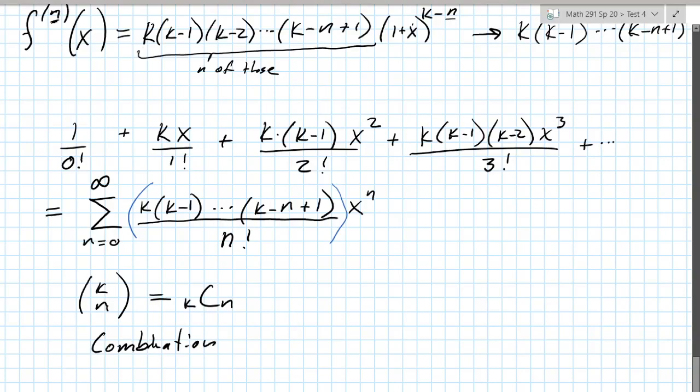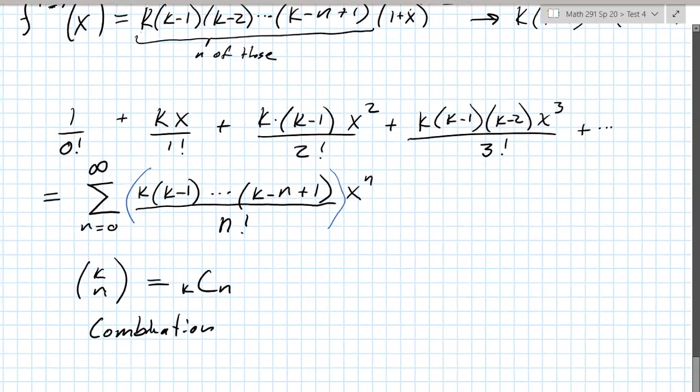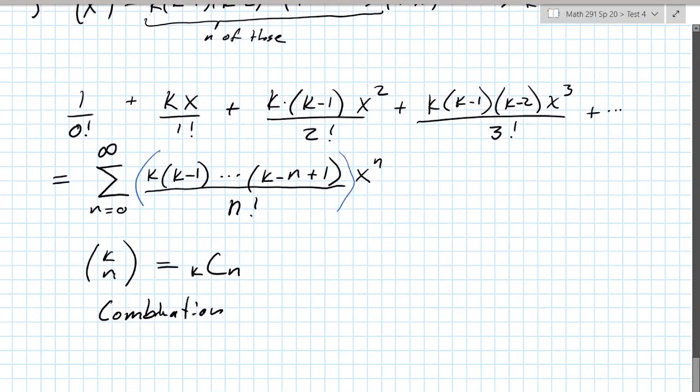When these are integers, it's the number of ways to choose n things out of k total things, something like that.